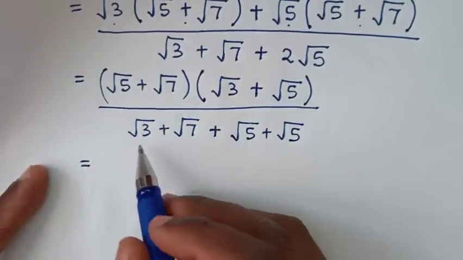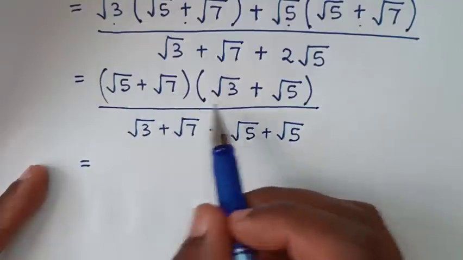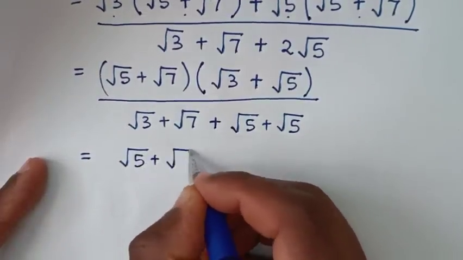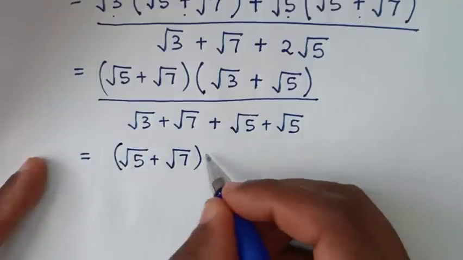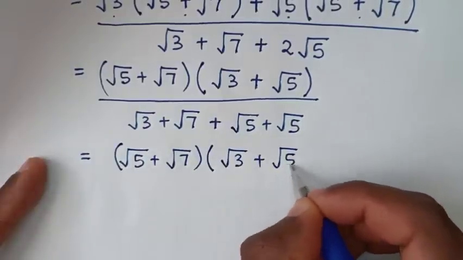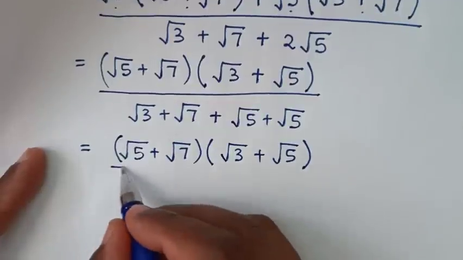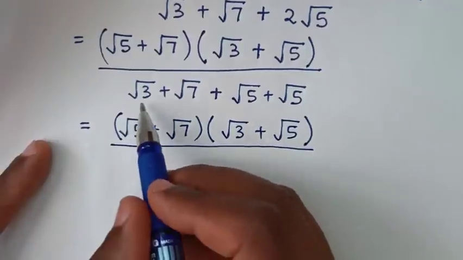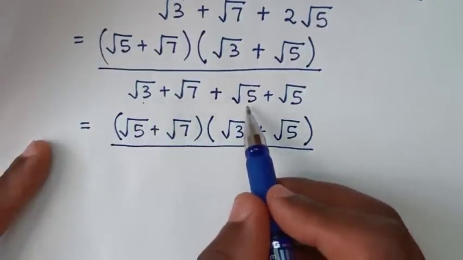So also here we can make it look like this. So it will be square root of 5 plus square root of 7 bracket times square root of 3 plus square root of 5 bracket, then over, here in the denominator, it will be square root of 3 plus square root of 5.